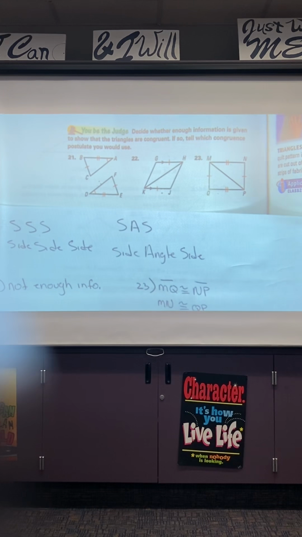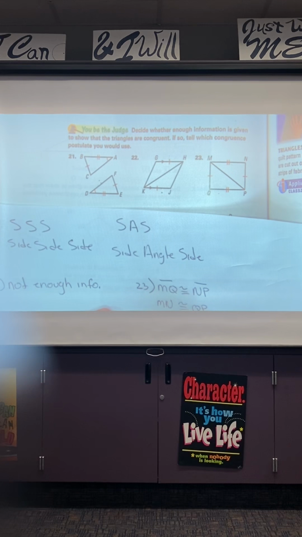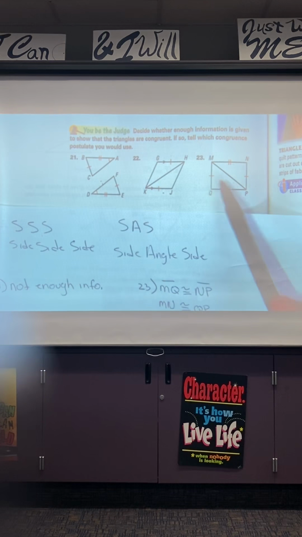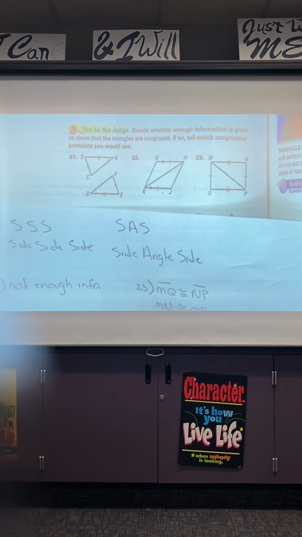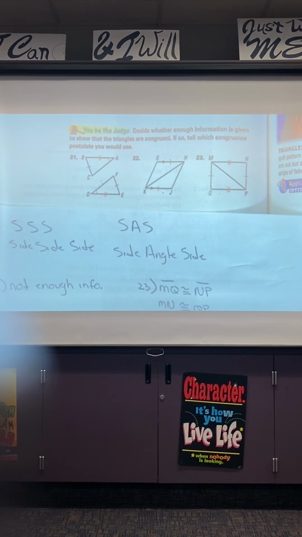We can see, but now this segment, there are no signs for us to determine that it's the same, but we do know that MP is part of both triangles, so we can say that MP is congruent to MP. Therefore, the postulate that we use to determine that the 2 triangles are congruent is side, side, side.